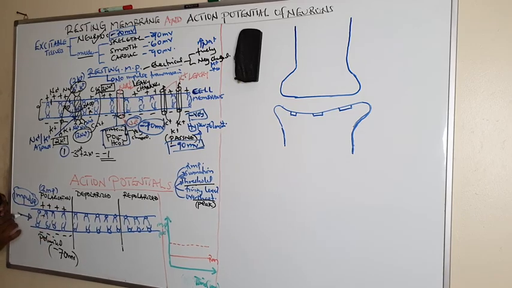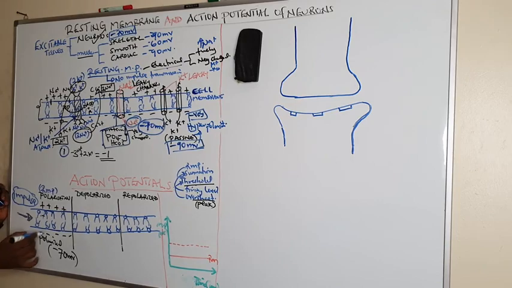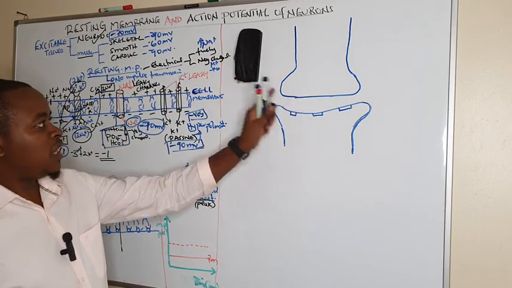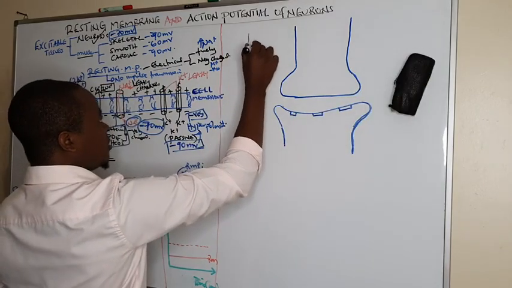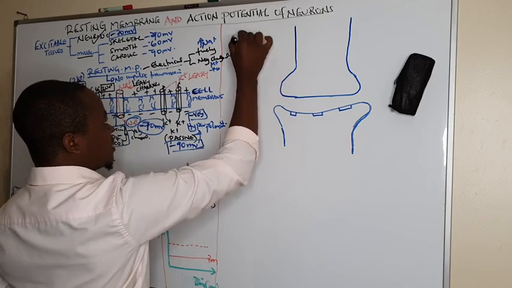So when an impulse arrives at the cell, it must cause a change in the electrical signal, whereby it can excite this resting neuron. There are neurons which are excitatory.